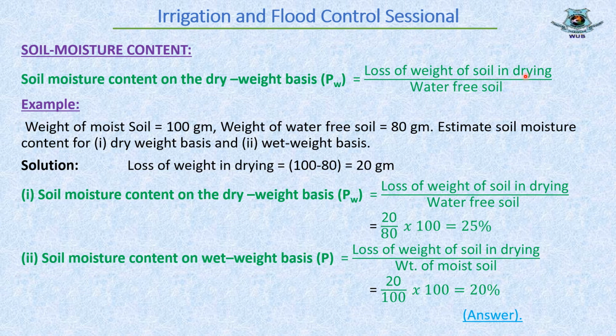The loss of weight in drying is actually the amount of water, because if we dry the soil, the only loss will be the water. The water free soil is the weight of dry soil. Moisture content is normally expressed as a percentage, so we multiply this ratio by 100.